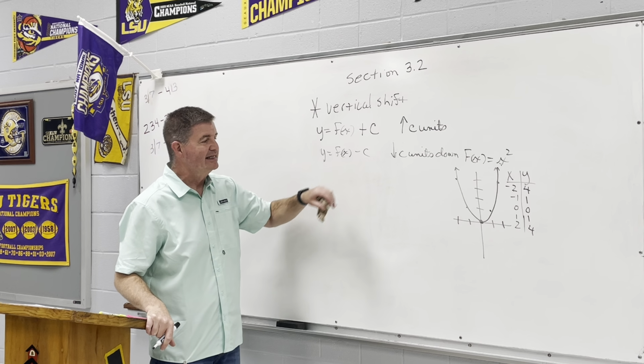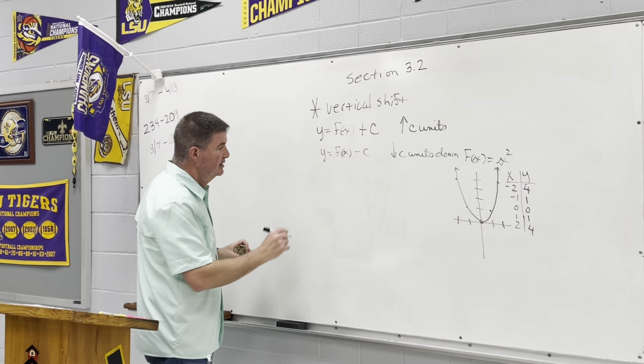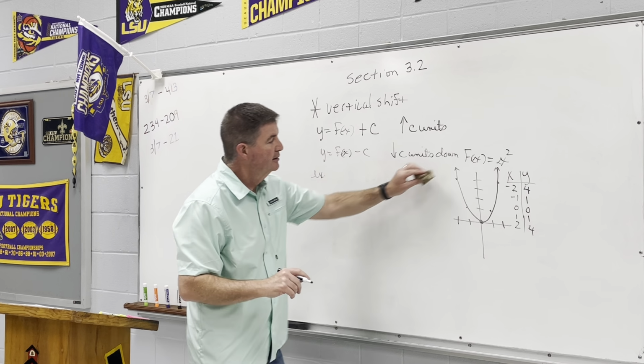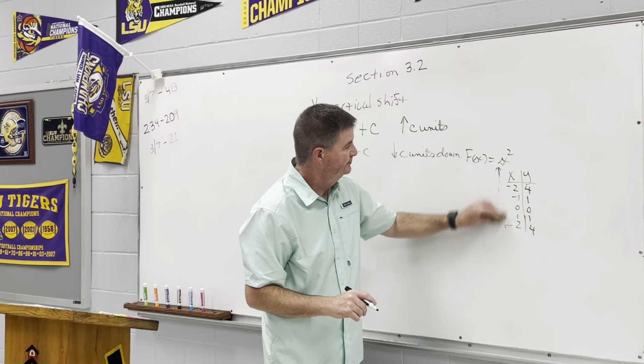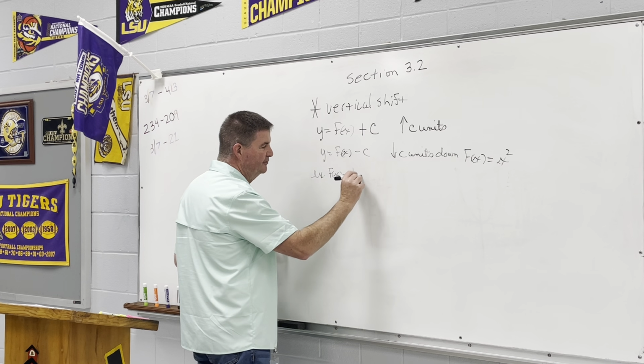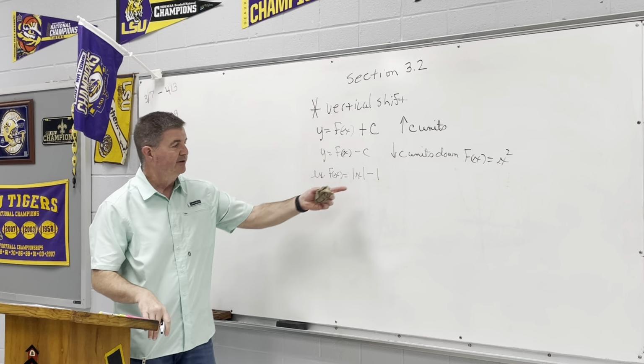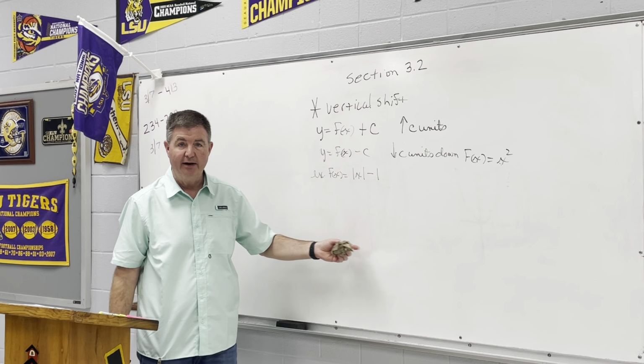The minus c is not within the function. So if I'm going to do an example, let's do an example of an absolute value. In this case, we would have f of x is equal to the absolute value of x minus 1. It'll bring the absolute value function down 1 unit.